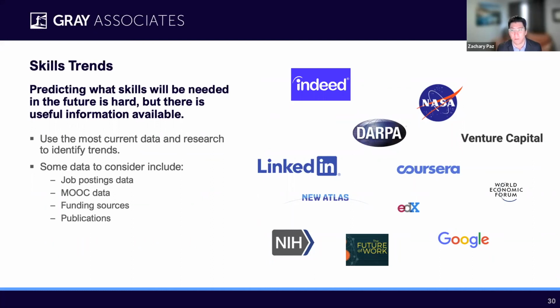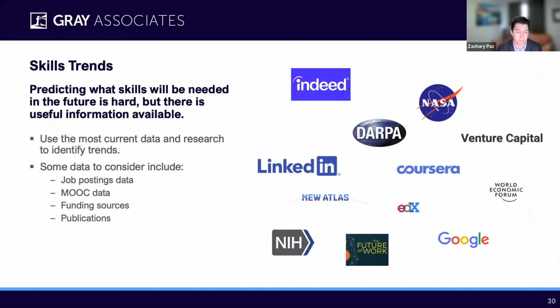We go to different publications and funding sources like DARPA and NASA and look at where venture capital is going. But then we also look at very current trends on what the employment market is needing.